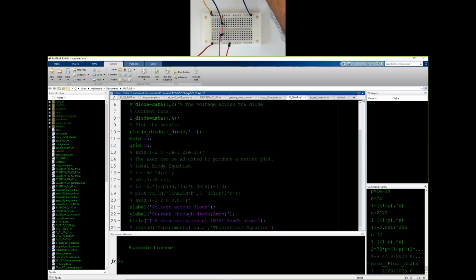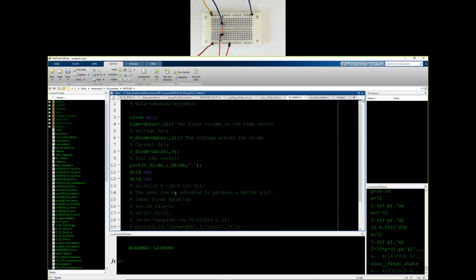Maybe I can change this to Zener here as well as over here. Voltage in volts, of course. And let's see, V diode, I diode plotted with the red. Sure. Okay, so it looks good. All I need to do is import it as data. Maybe I'll have to change it, but let's see.